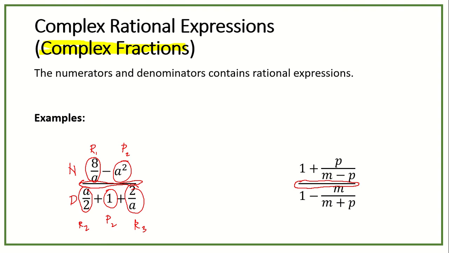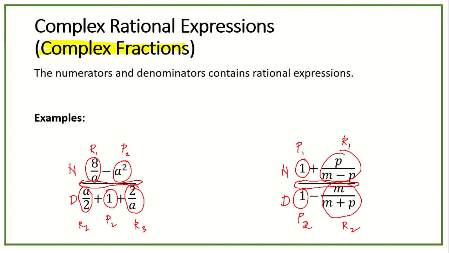So this is our main fraction bar. The ones on top are the numerator. The ones below are the denominator. Notice that in the numerator, may polynomial and then may rational expression. Sa denominator naman, may polynomial ulit and then may ibang rational expression. So that makes them complex fractions.